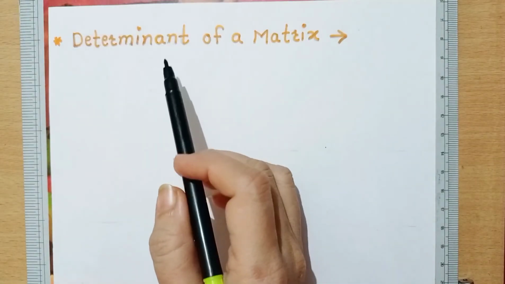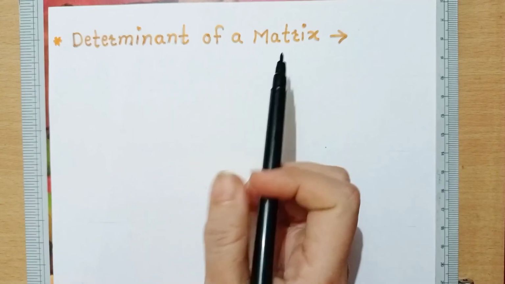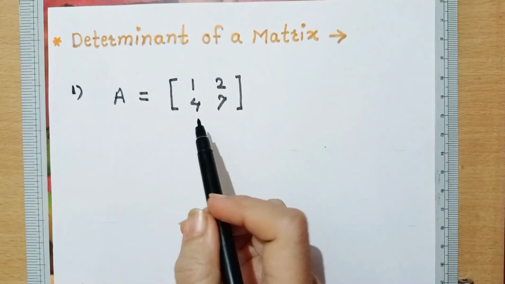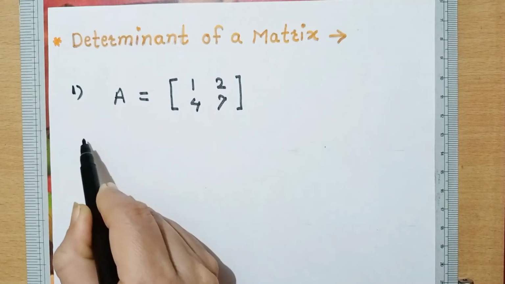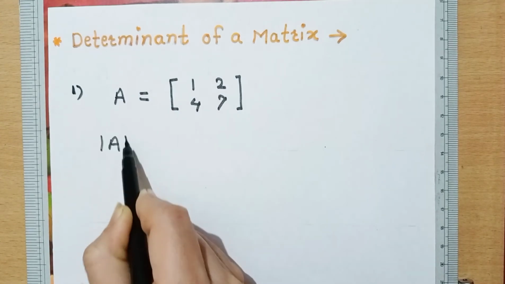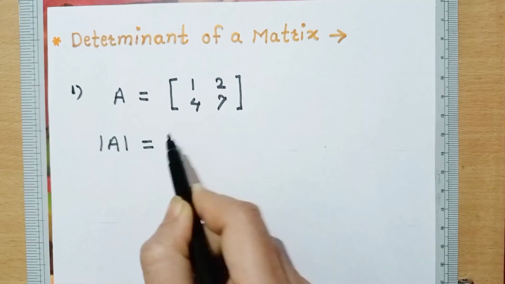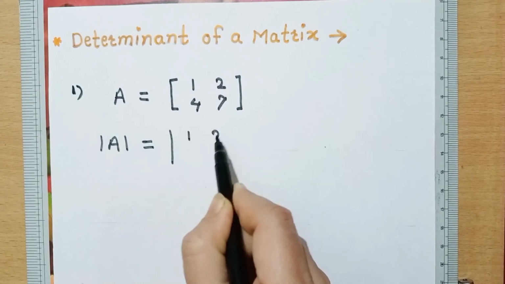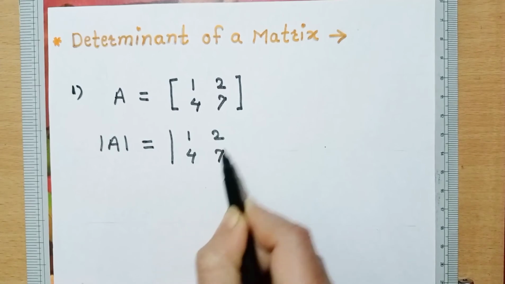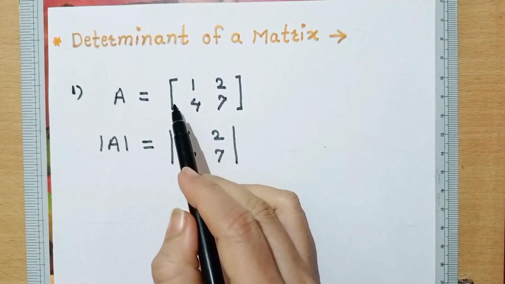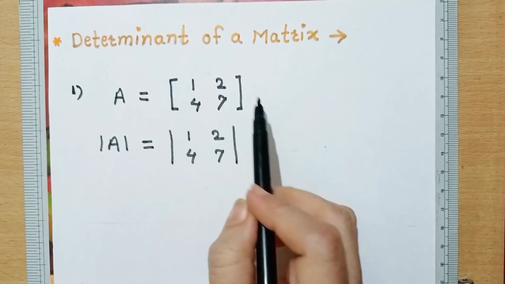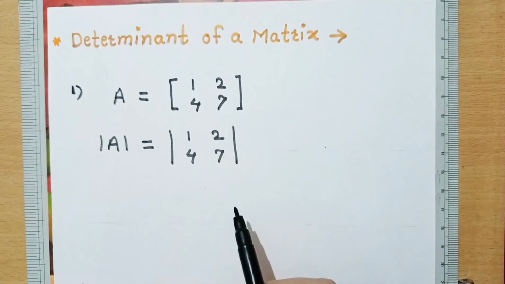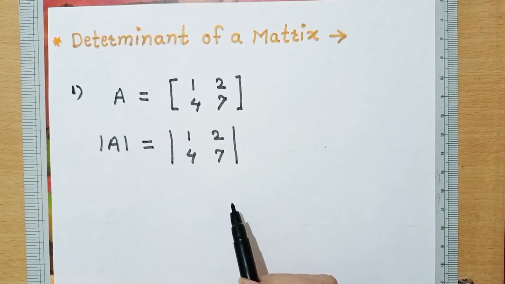Now let's check how to find the determinant of a matrix. So this is our first matrix. Now we will write like this, that is equal to, now write down this in determinant. So 1, 2, 4, 7. So check again, if this is box bracket, then it is matrix. Only if there are lines, then this is determinant.